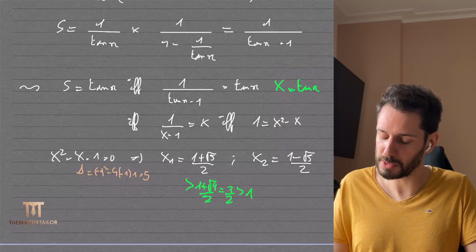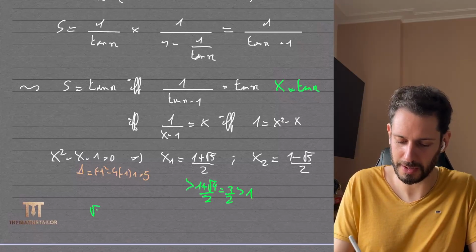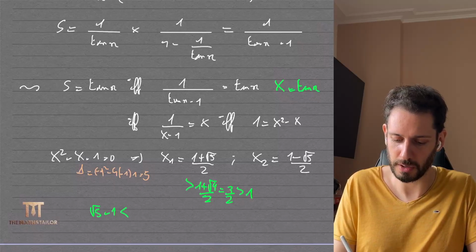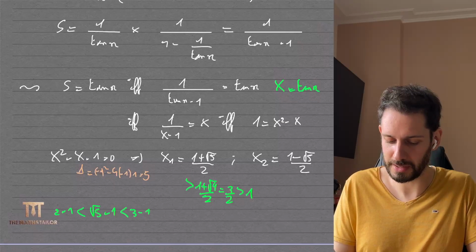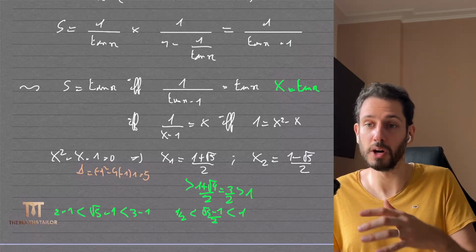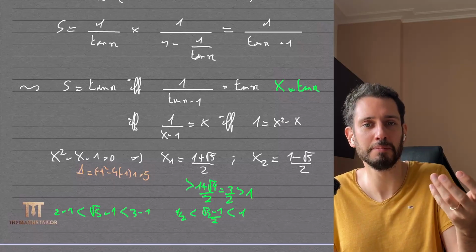1 minus square root of 5 over 2, though, is a bit different. So quickly you can check. Square root of 5 minus 1 will be smaller than 3 minus 1 and bigger than 2 minus 1. And so I will have 1/2 smaller than square root of 5 minus 1 over 2, smaller than 2 over 2, which is 1. And so when I take the opposite, it's between minus 1 and minus 1/2.